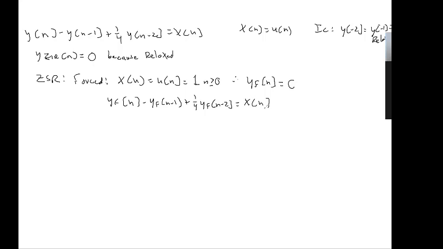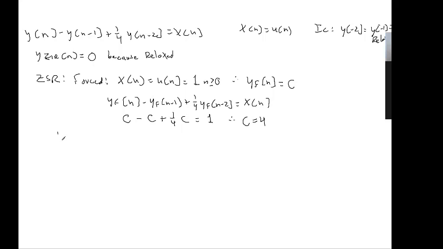And as we saw in our example last time, if my forcing function is a constant and my forced response is a constant, all of these terms, y forced of n, n minus 1 and n minus 2, will all also be constants. So this is very simply c minus c plus 1/4 times c has to be our x of n that was a constant 1. And so c must be 4.